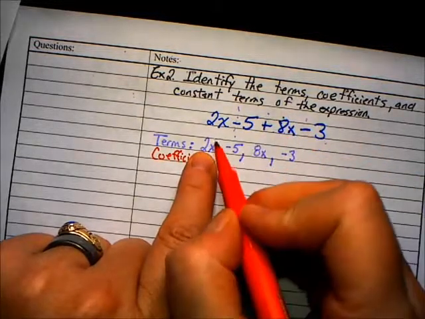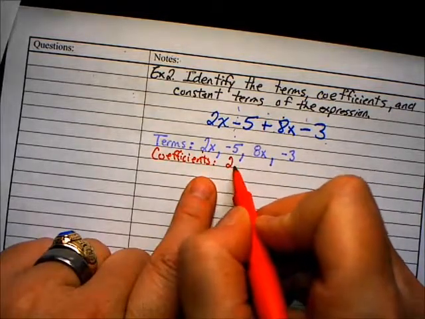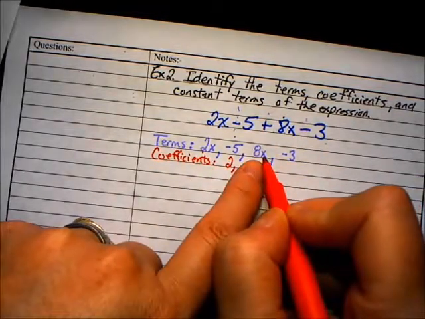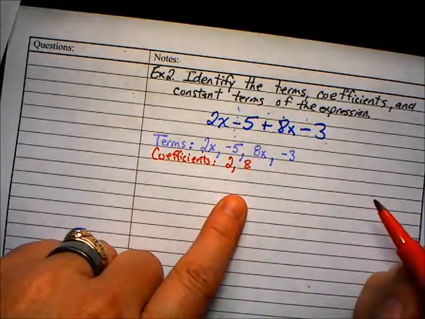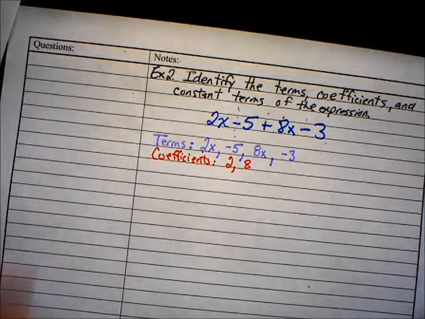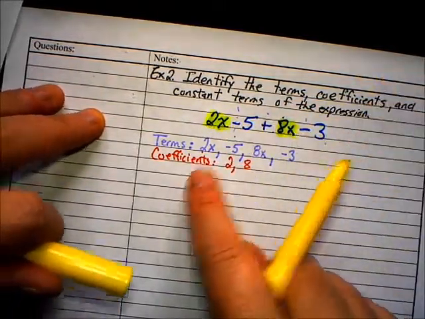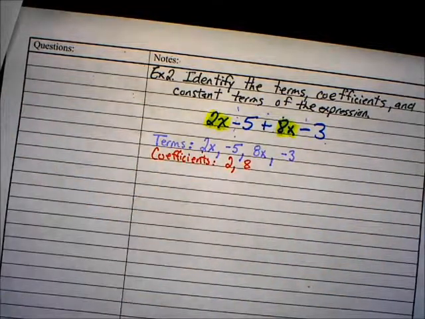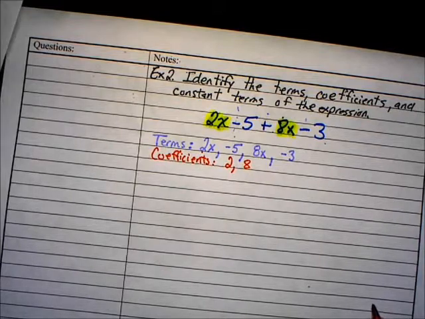So I see that this first one has a 2, comma, and then the second term that has a letter, or a variable, is an 8. So these guys up here are the only ones that have coefficients. These other numbers are not coefficients.